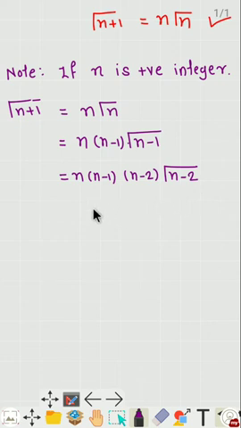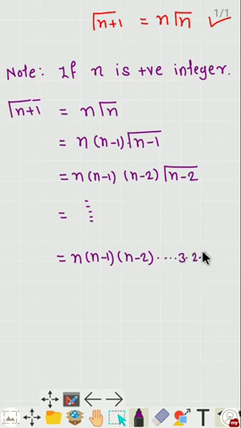In this way we use this property, and finally we get n into n minus 1 into n minus 2 dot dot dot, finally 3 to 1 into gamma 1, but gamma 1 is 1, and this product is nothing but n factorial.